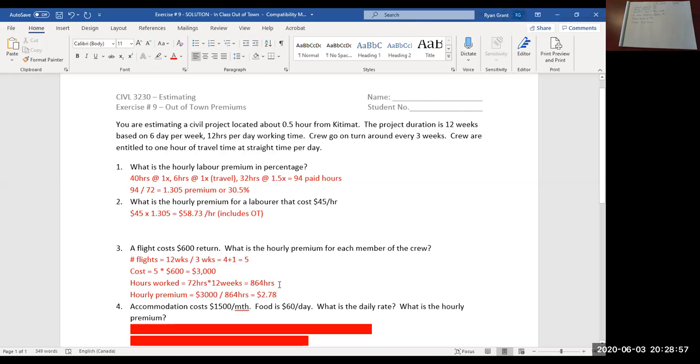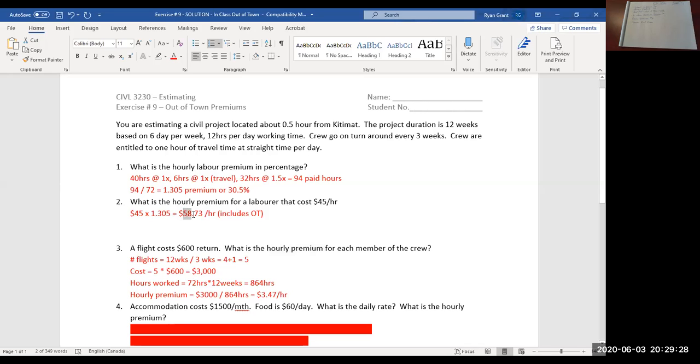So that is $3.47. That would be your hourly premium that you would want to add to each person for their flights.